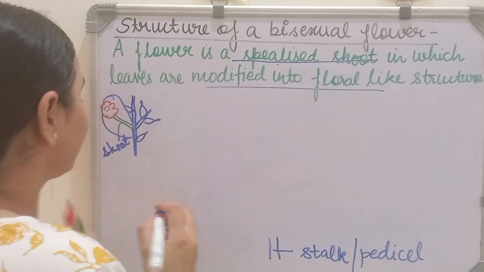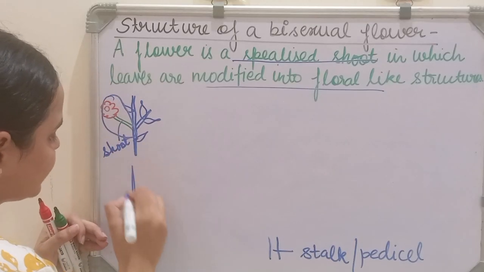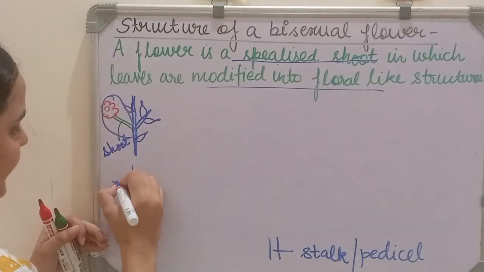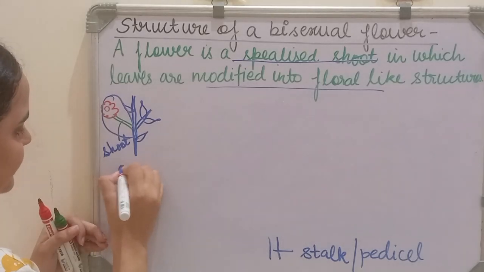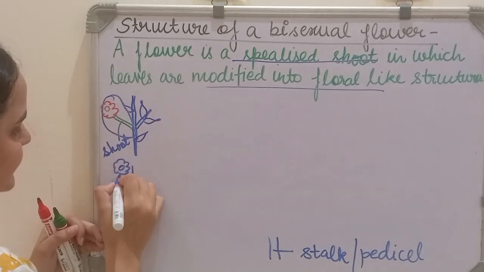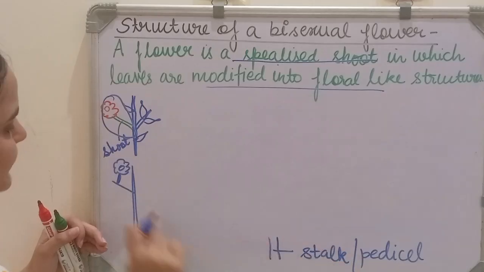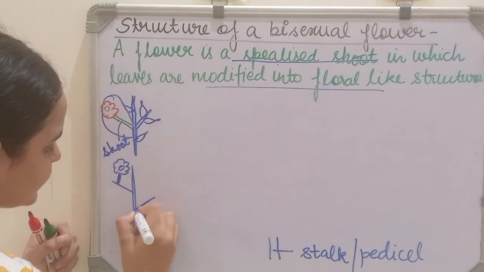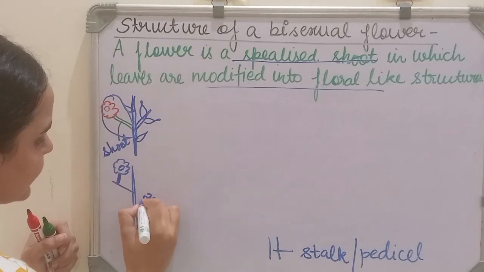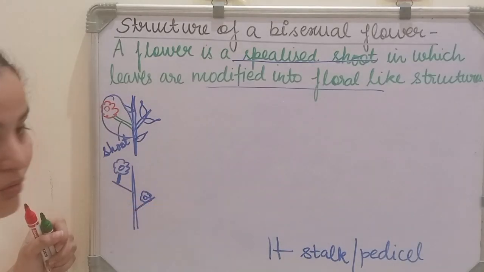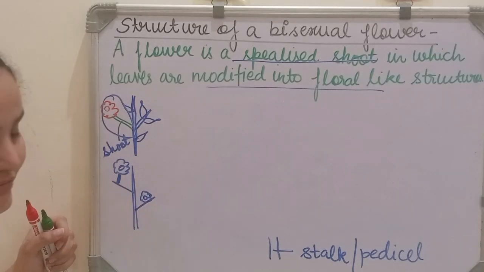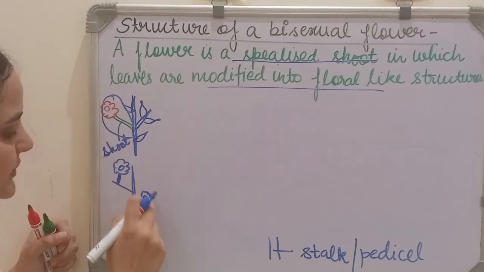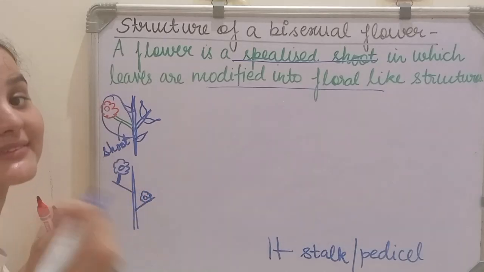Sessile flower. Suppose this is the stem, this is the branch, and this stalk here is the flower. This is the stalk which is known as pedicel, which is supporting the flower. Now if this is the branch and here the flower is attached directly, there is no such stalk present to support the flower. In this case, the flower will be known as sessile flower.